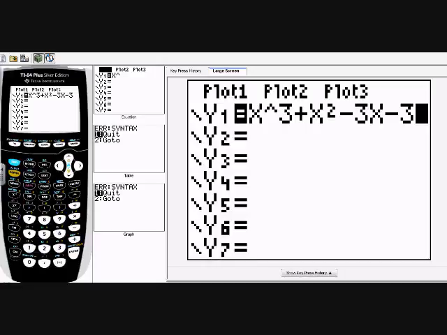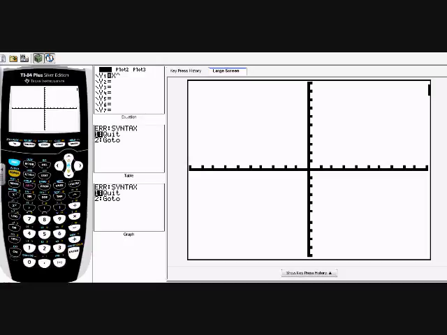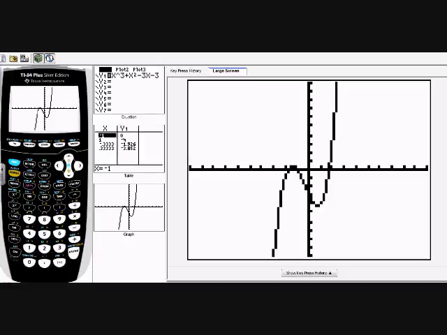So I'm going to do a zoom number 6, and by inspection see if I can find any places where this cubic is touching the x-axis. Where do you think you see it touching? -1, and then kind of 2. That kind of 2 may not be a rational number, but that -1 probably is.